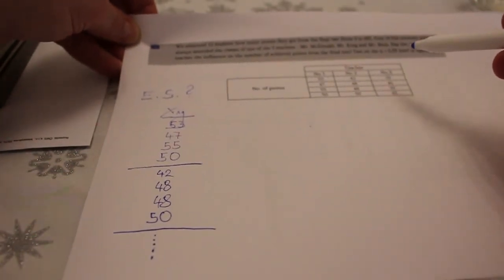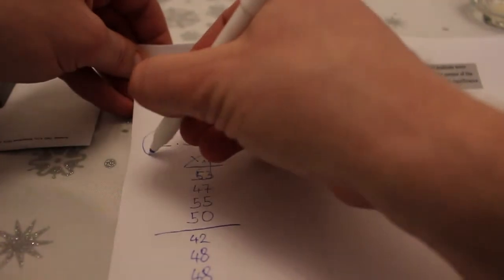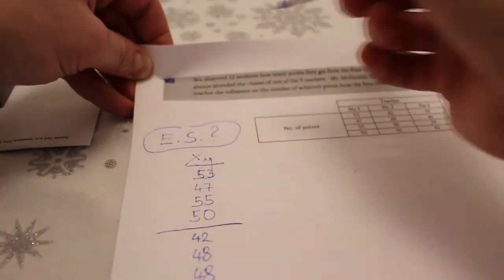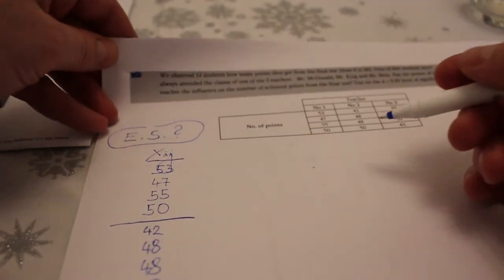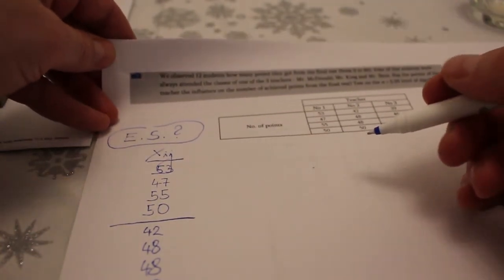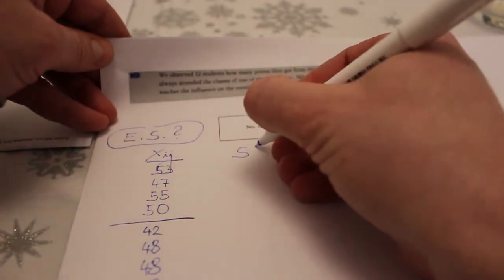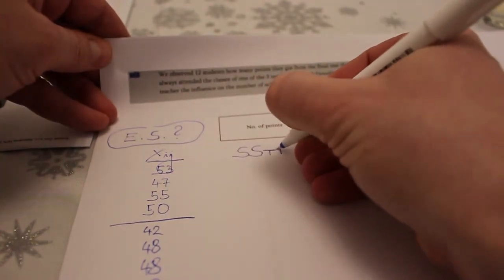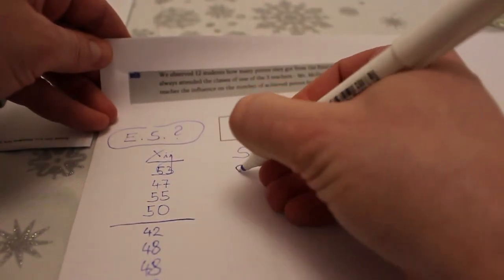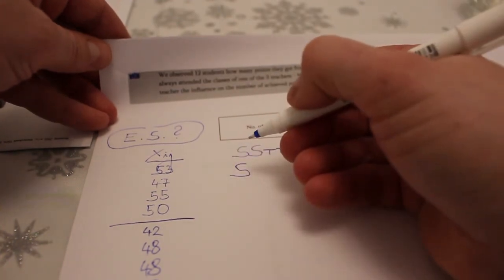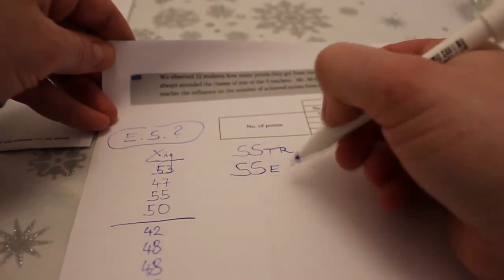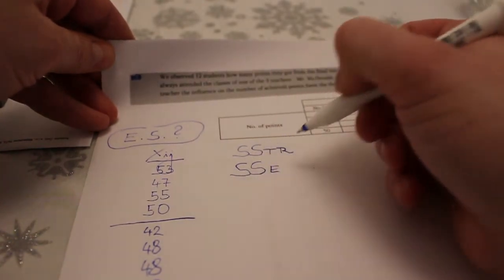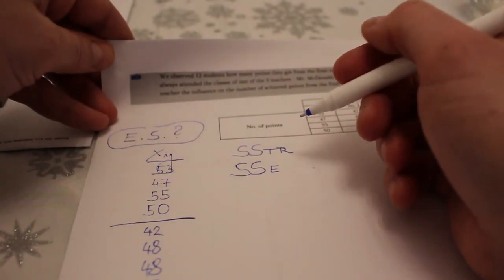For the calculation of effect size, we had to calculate sums of squares. Do you remember SS, sum of squares treatment, and sum of squares error? Treatment sum of squares and error sum of squares.